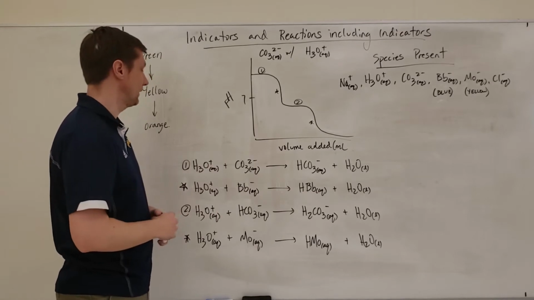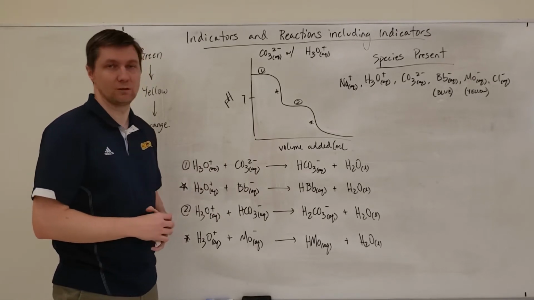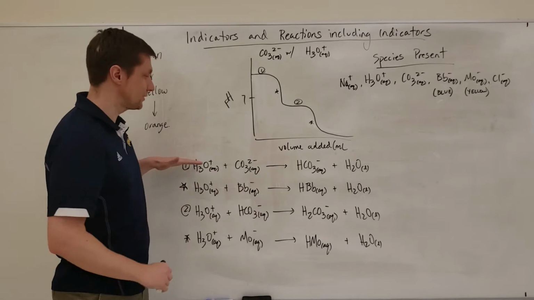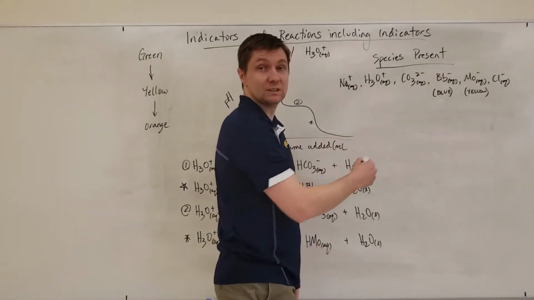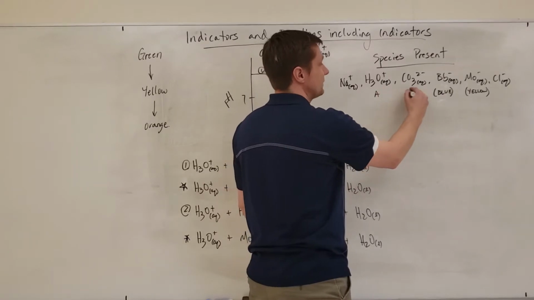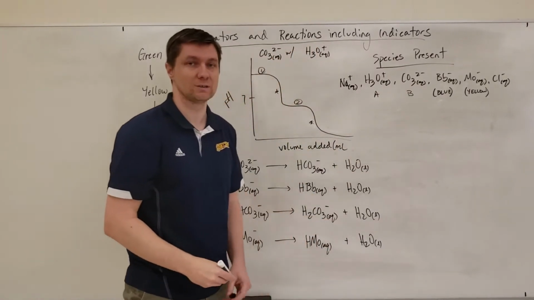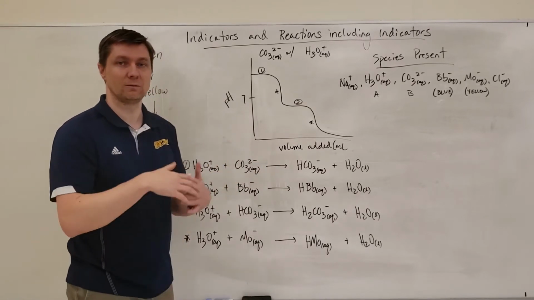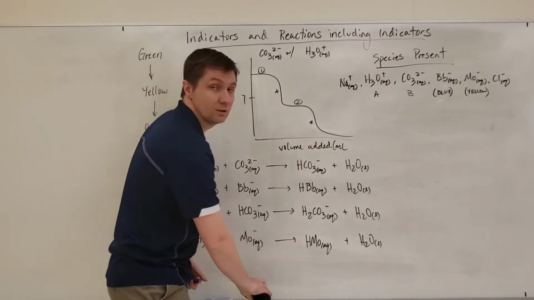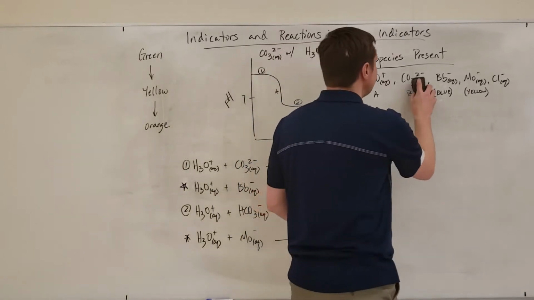So that's something that we've already learned. Once this reaction is finished though, originally when we've got our species listed here present, this is my acid and that's my strongest base. But once this reaction is done and all of the CO3 2 minus has been reacted, that is no longer an option on our species listed.